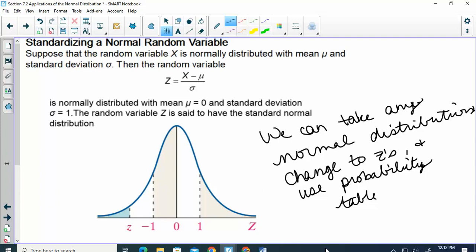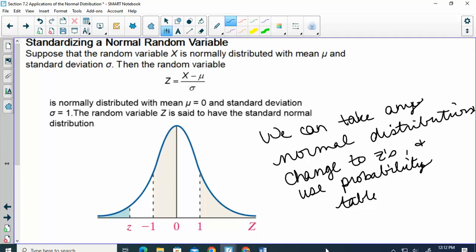So anytime I ask you to do this, we're finding a probability. Now, because the data is continuous, it is not actually giving us the probability of a certain number.